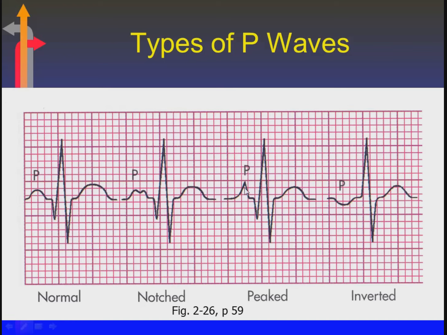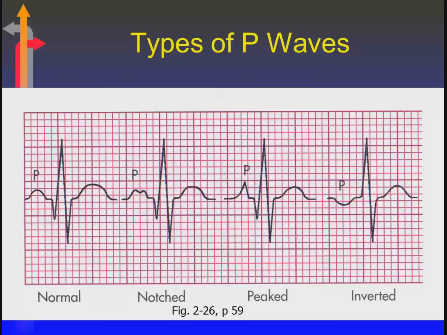Sometimes they're peaked, sometimes they're very low in height, and in this case, they're actually inverted, which would imply what? In the lead I'm looking, yeah, exactly right. In the lead I'm looking, if I'm on lead 2, the direction of view is this.